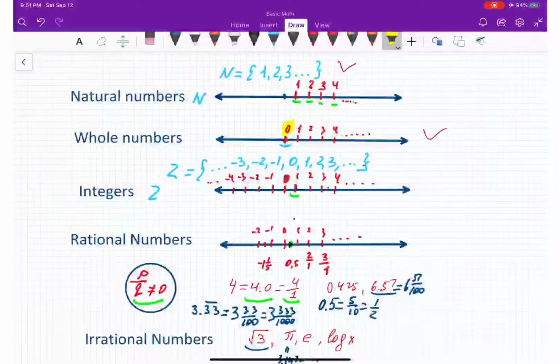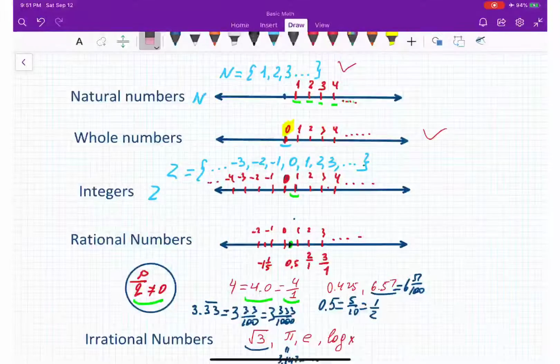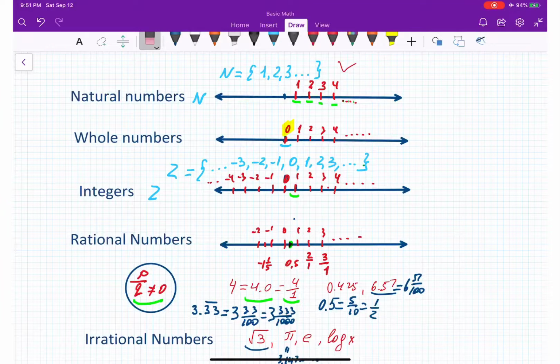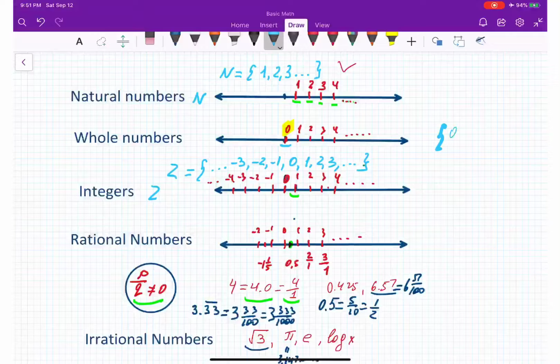Next is coming integers. So you know what? Let me write down here just like that also. Whole numbers will be represented as 0, 1, 2, 3, and three dots.